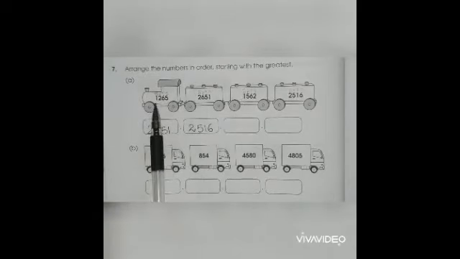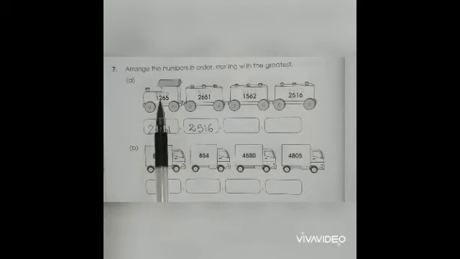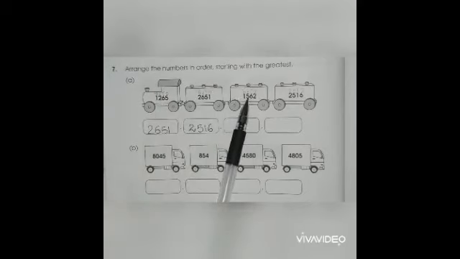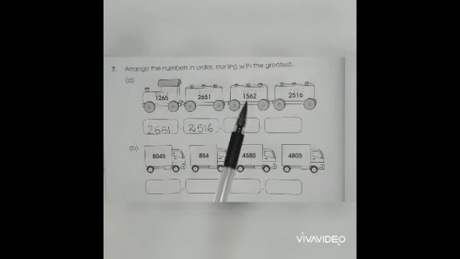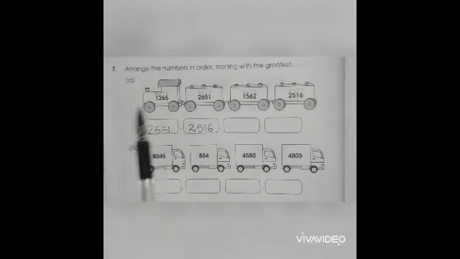Then we'll check the numbers that have digit 1 in the column of thousands. As there is no difference in the column of thousands, so we'll move to the next column of hundreds. This number has digit 2 in the column of hundreds, whereas this number has digit 5 in hundreds. As 5 is greater than 2, so the number 1,562 is greater than this number.